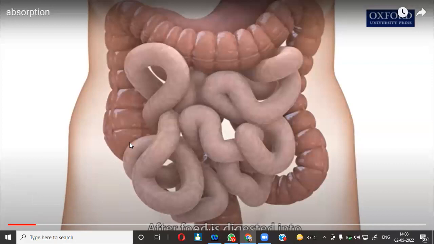If your liver is not functioning well, the doctor advises you not to eat fatty substances or substances rich in fat. So this is about the liver. No enzyme, only bile juice is secreted from the liver and it acts on fat, converting fat into emulsified fat.